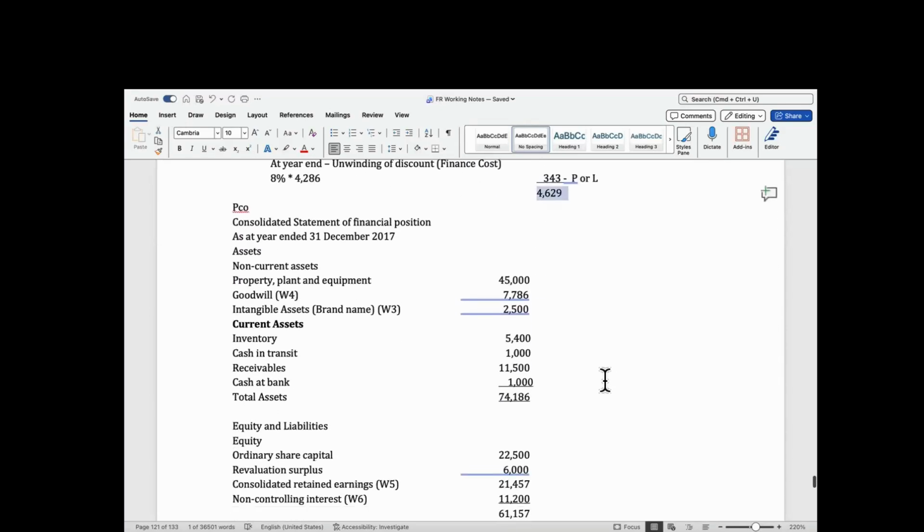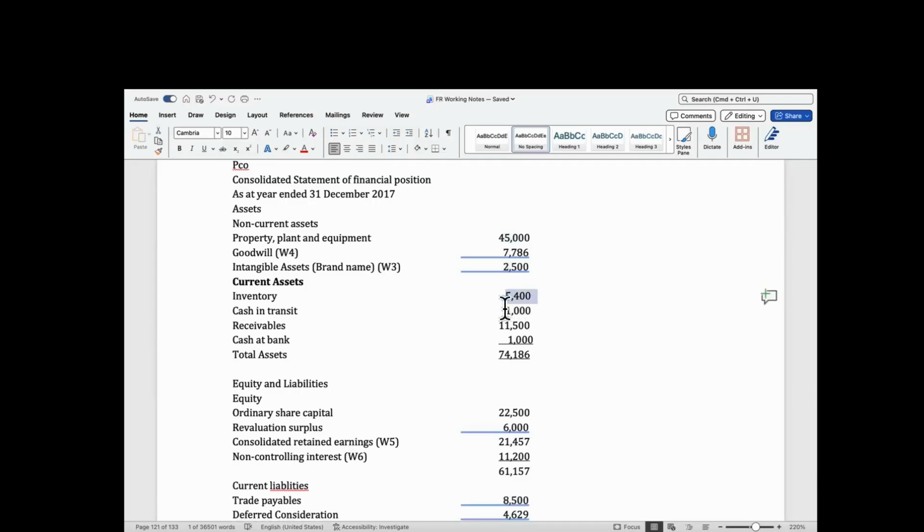So what is left is just to consolidate. So I add PP of the parent and the subsidiary together. I picked my goodwill for my workings. I picked my intangible asset for my workings, my inventory, my cash in transit, which is the balance, the 1,000 that we won't cancel out.